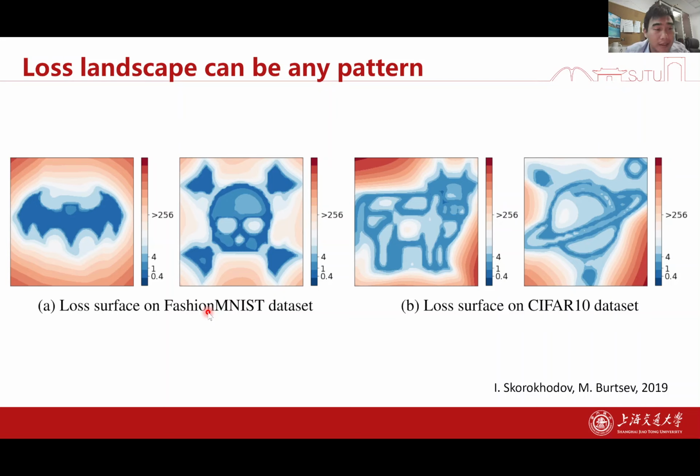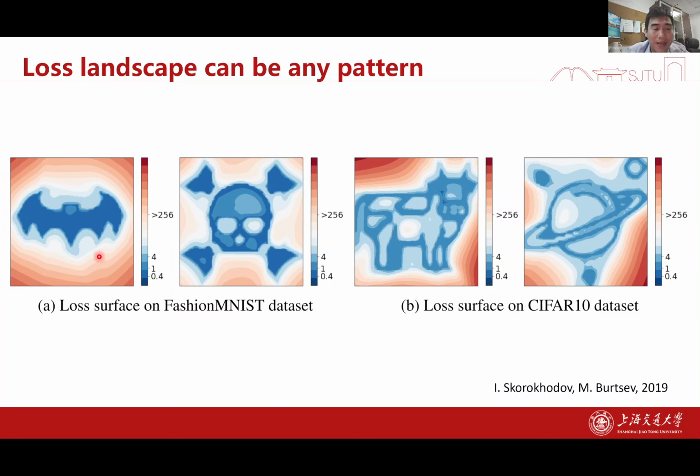In 2019, a very interesting paper showed that for any image you provide, you can always find a two-dimensional cross-section in a loss landscape that is almost exactly the image you provide. Suppose you provide an image of a bat, and you try to find a two-dimensional cross-section. In these two dimensions, the loss function looks like the bat.